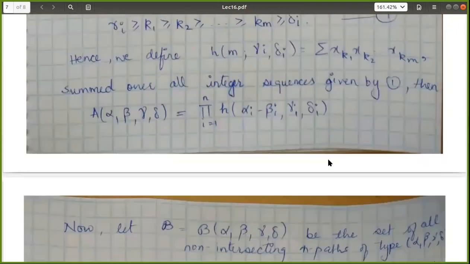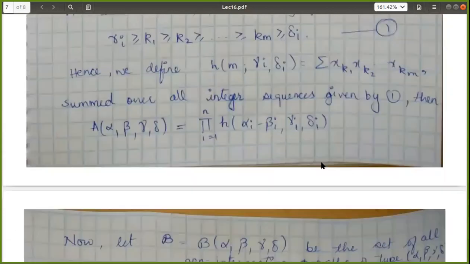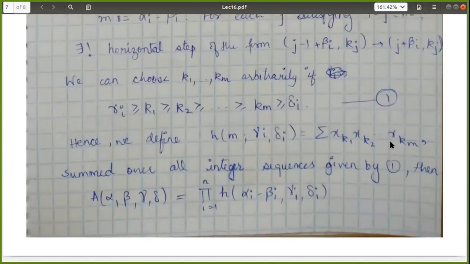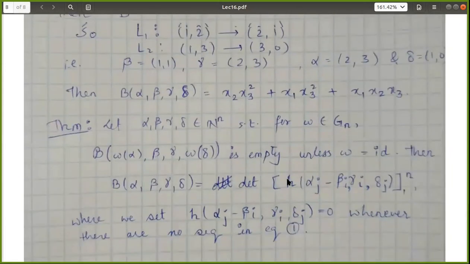Now with this entire notation in place, whatever we have talked about, you take all these products and then you take their summations.